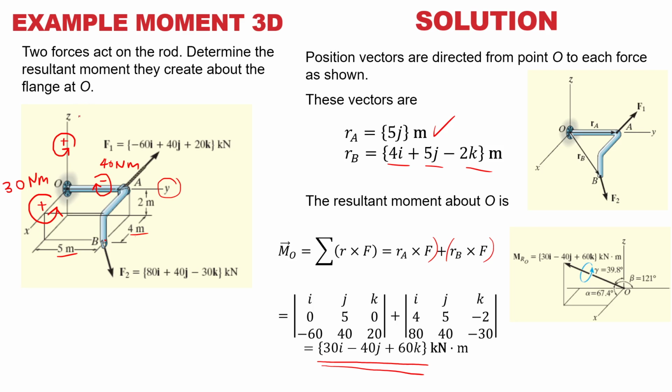So this one is 60k, exactly 60 Newton meter. So that's how we represent moment in 3D. You use IJK because it has to be an axis. I is the I-axis, J is the J-axis, which is the Y-axis, and K is the Z-axis.